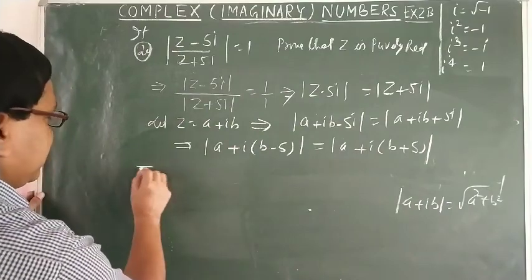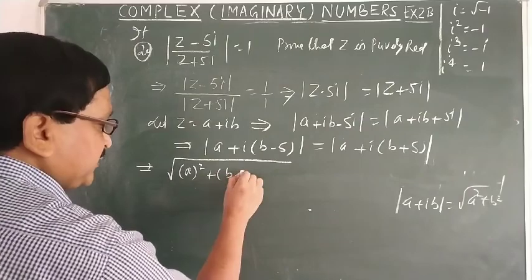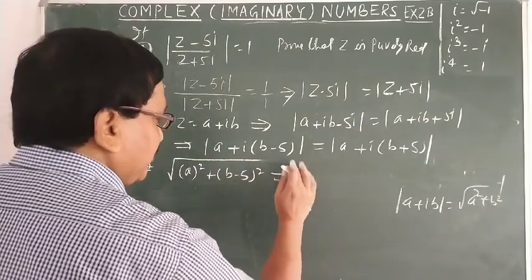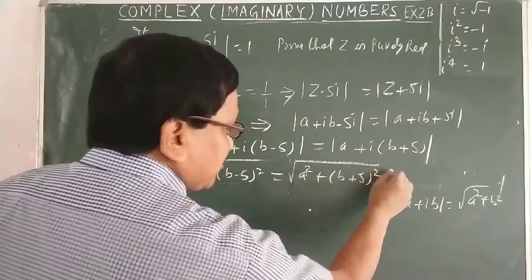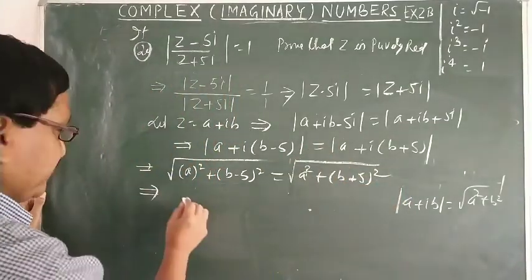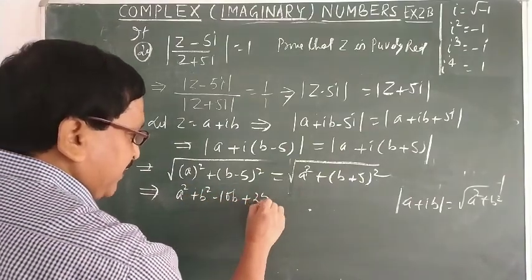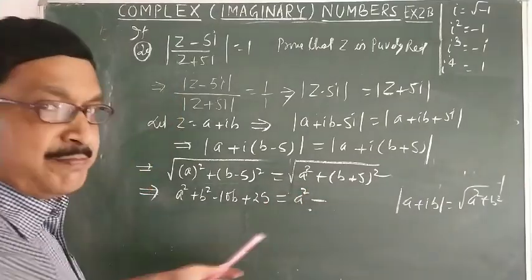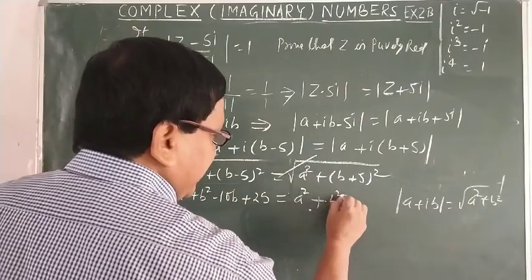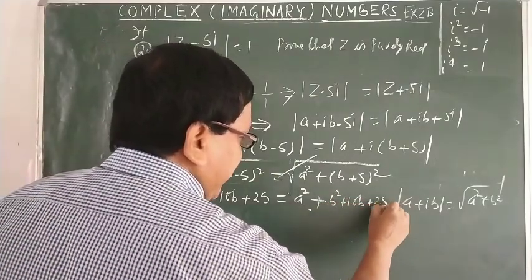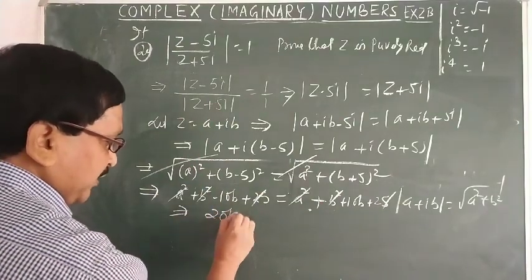So we are getting root of a square plus b minus 5 whole square is equal to again root of a square plus b plus 5 whole square. Now simplify this. So a square plus b square minus 10b plus 25 equals a square plus b square plus 10b plus 25. Simple algebra, roots cancel. Now this cancelled, so we are left with 20b is equal to 0.